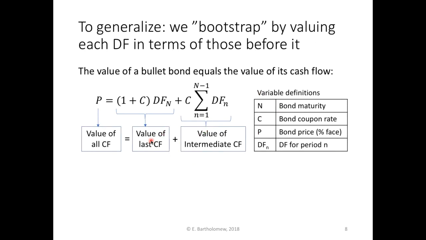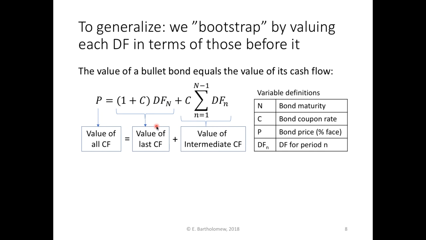We can also look at this in algebraic terms. So the formula here essentially shows what the price of a bond with face value of 1 and coupon rate C is. We see here the value of the intermediate cash flows. This is the amount of the coupon. This is the amount of the discount factors. So that gives us the value of the intermediate coupons.